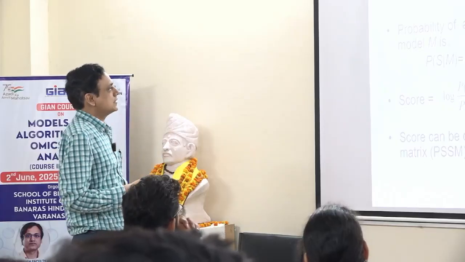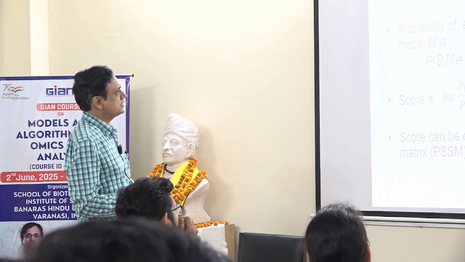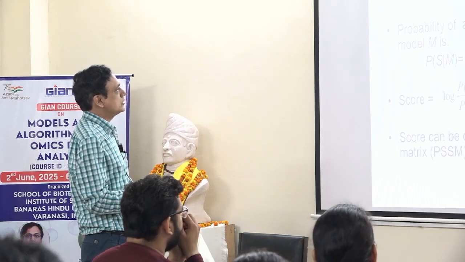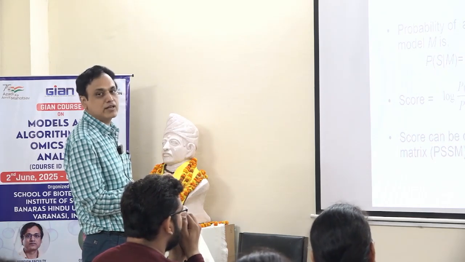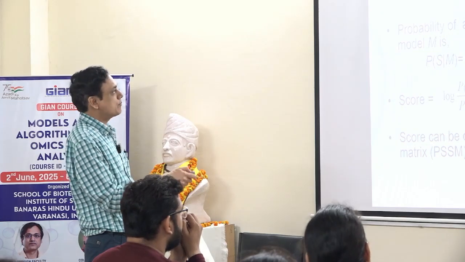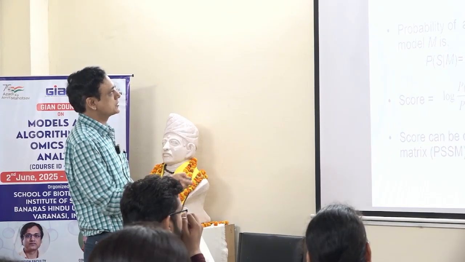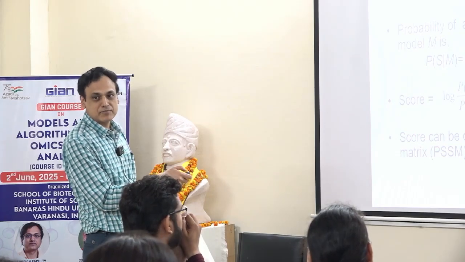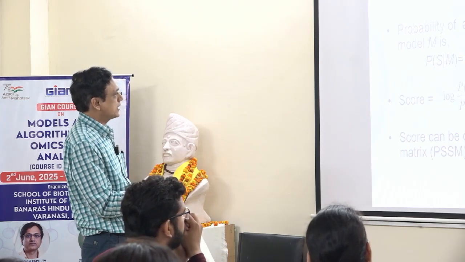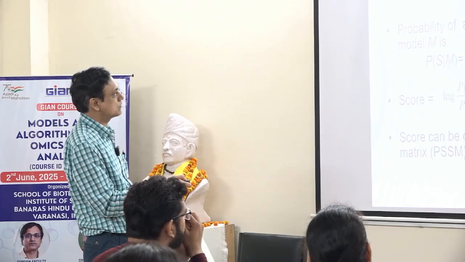You can keep it, and then given a sequence which is S1, S2, S9, you can compute the probability of this sequence to be a member of this multiple alignment. This is representing a protein family, okay, to be a member of this family by computing the probability of this sequence given this model that you just computed. Okay. So, probability of S given M, and I would assume that this S1 is situated in position 1.